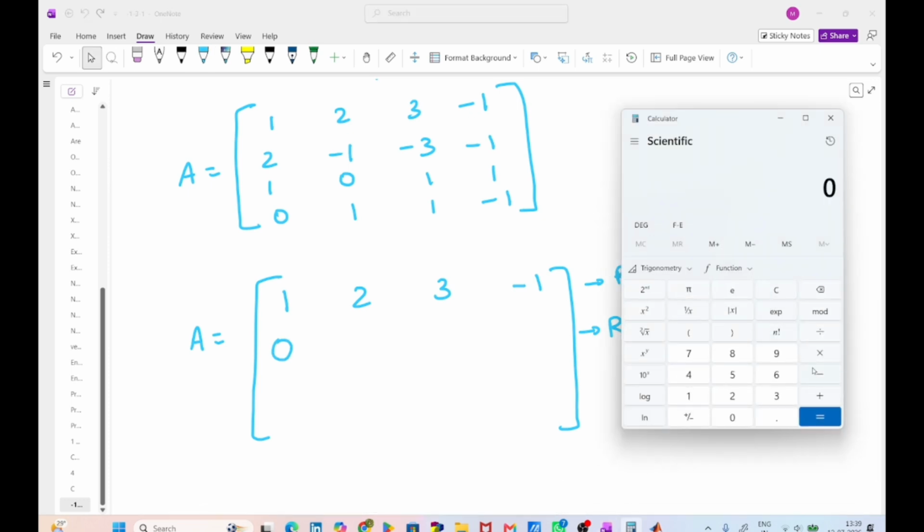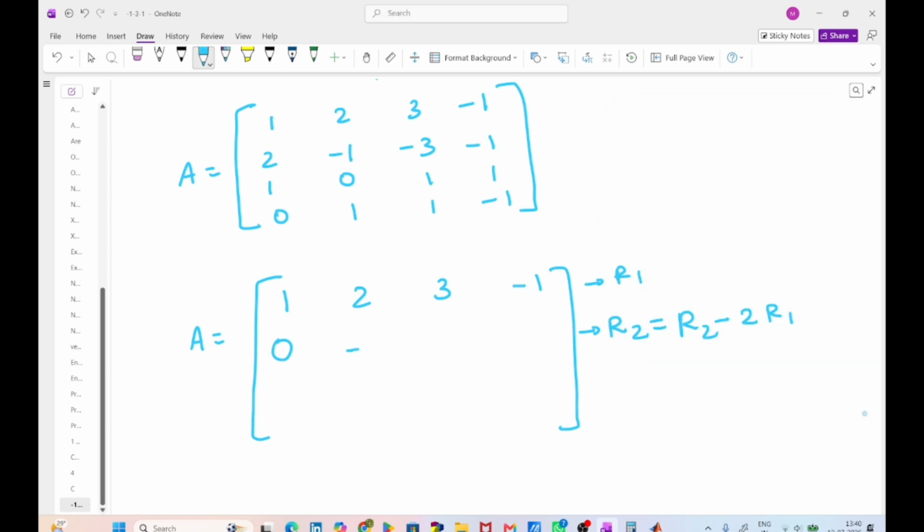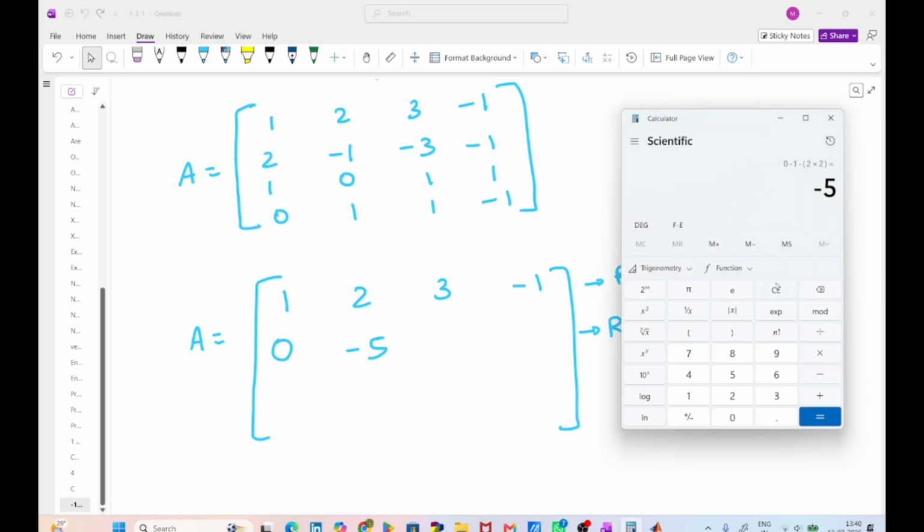Minus 1 minus, open the bracket, 2 into 2, close the bracket. The answer is minus 5, right? Minus 5 here. Then minus 3 minus 2 into 3, the answer came as minus 9.